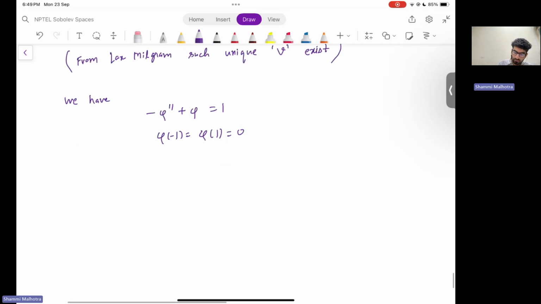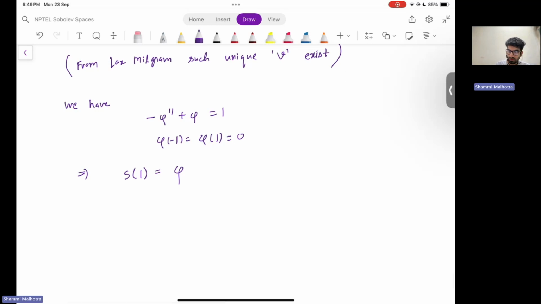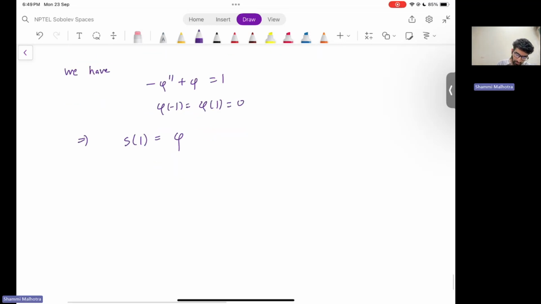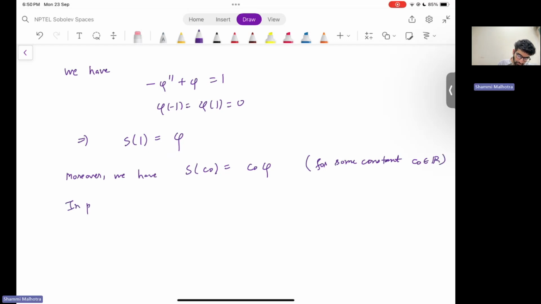What this basically implies is S of 1, where 1 is in L2 of the interval -1 to 1, is nothing but phi. Moreover, we have S of any constant, let's say C naught, is nothing but C naught times phi, for some constant C naught in R.